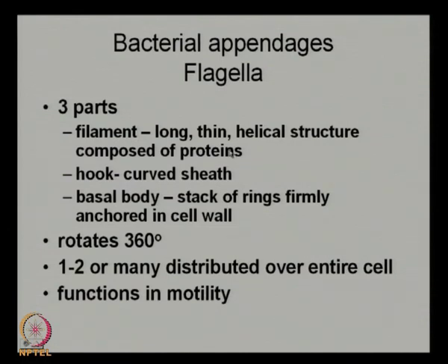Protein is one of the biomolecules present in a living cell. It has the hook-like structure, that is curved, and the basal body, that is the stack of rings firmly anchored on the cell wall of this bacteria.